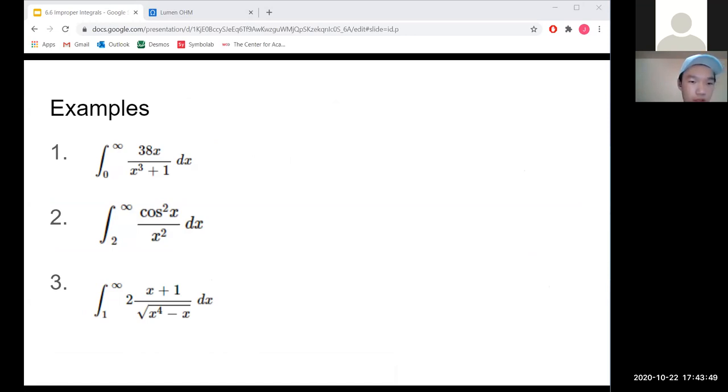Let's look at the first one. First thing I'm going to do is just factor out the 38 because that really doesn't change anything.